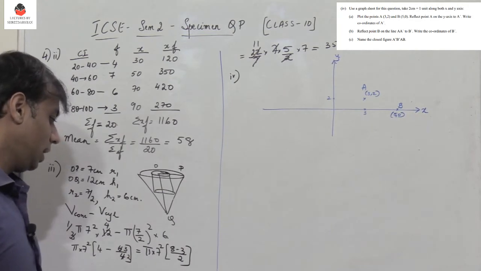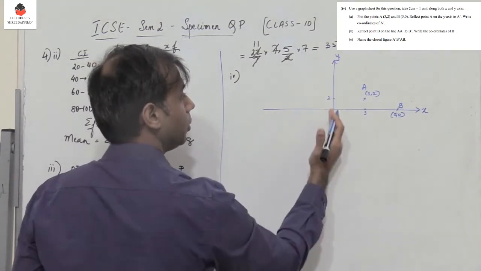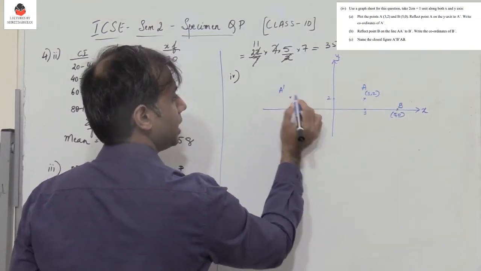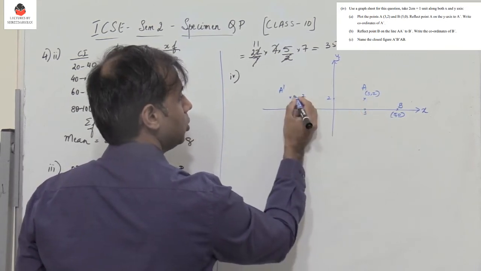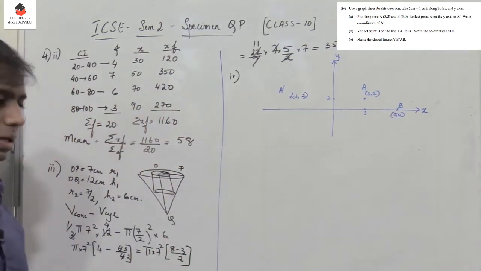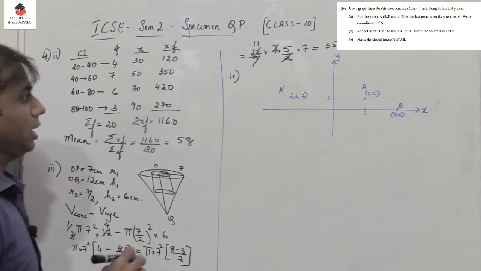Reflect the point A on the y-axis, along the y-axis. So on the y-axis means I have to find A dash. So the y value will be the same, but whereas the x value gets negated. So you get minus 3 comma 2. And reflect the point B on the line AA dash.